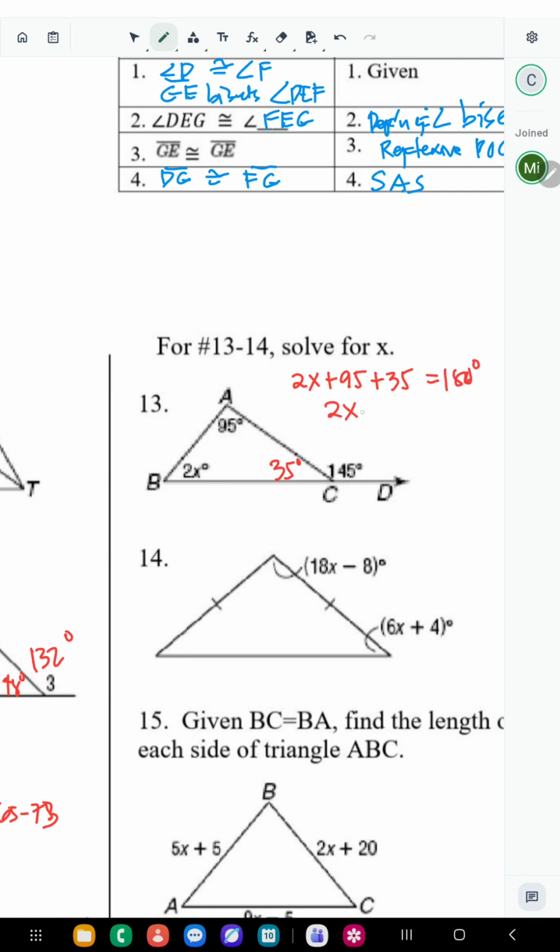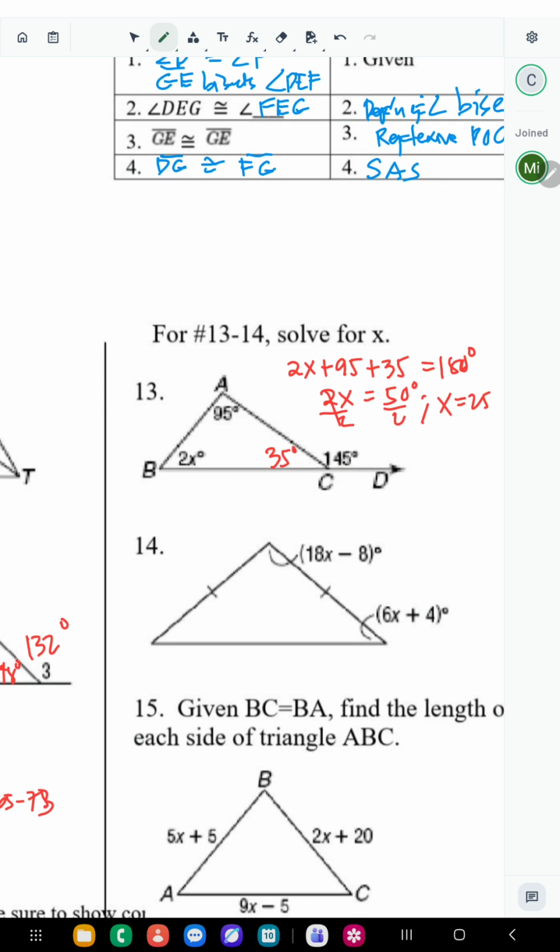We have 2x equals 180 minus 35 minus 95. That is 50 degrees. Divide by 2. So x is equal to 25. Then for number 14. Am I too fast?